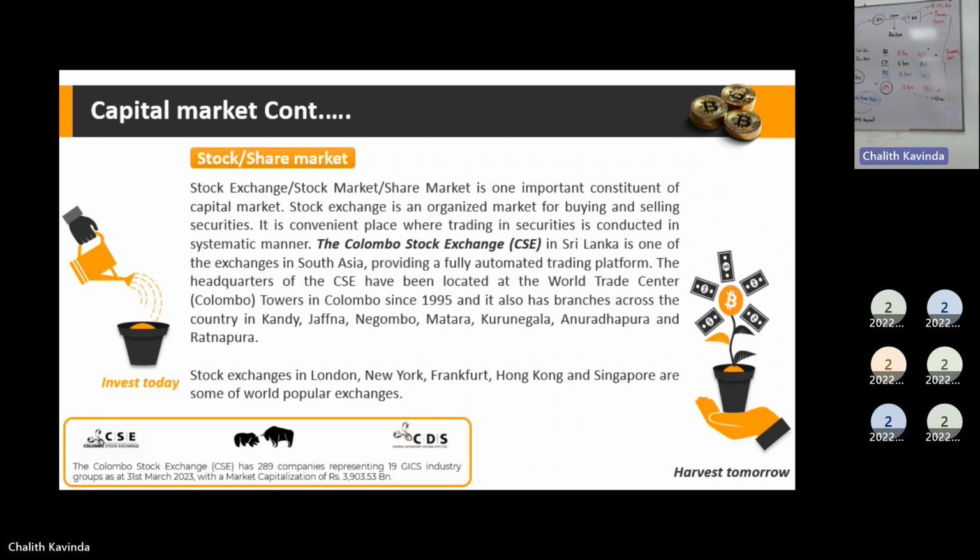Now let's say bull denotes what? So why bull is there? Why bear is there? If you compare the behavior of these two animals, usually the norm says bear is a very lazy animal, not much active.